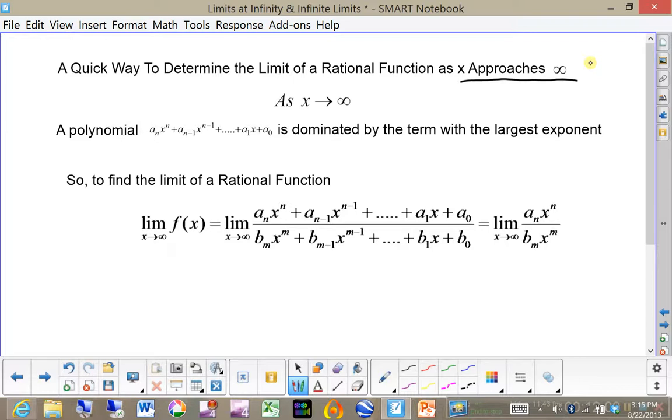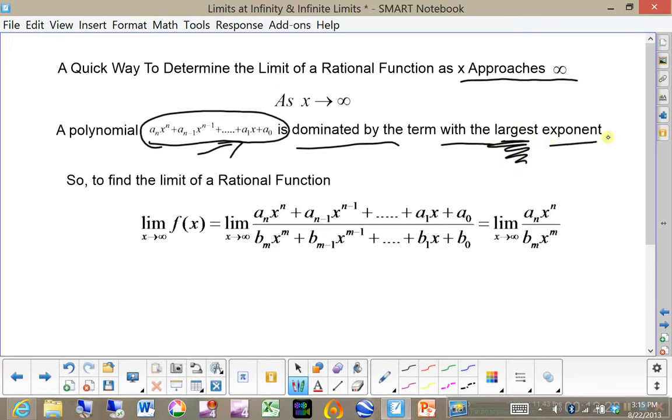First of all, a polynomial given by a sub n x to the n plus a sub n minus 1 x to the n minus 1 and so forth, it could have many terms, is always dominated by the term with the largest exponent.